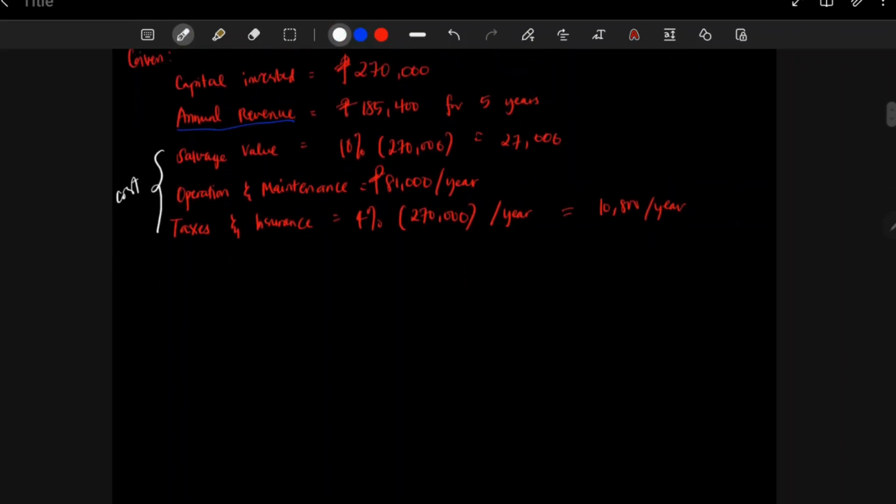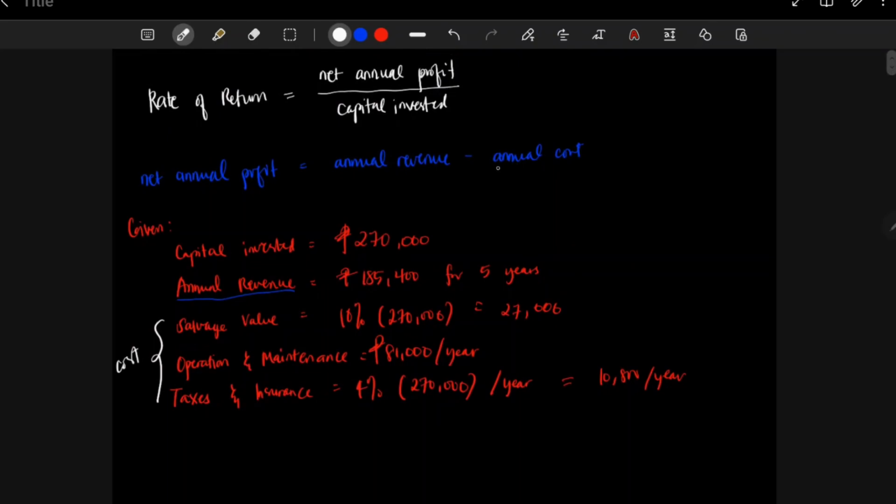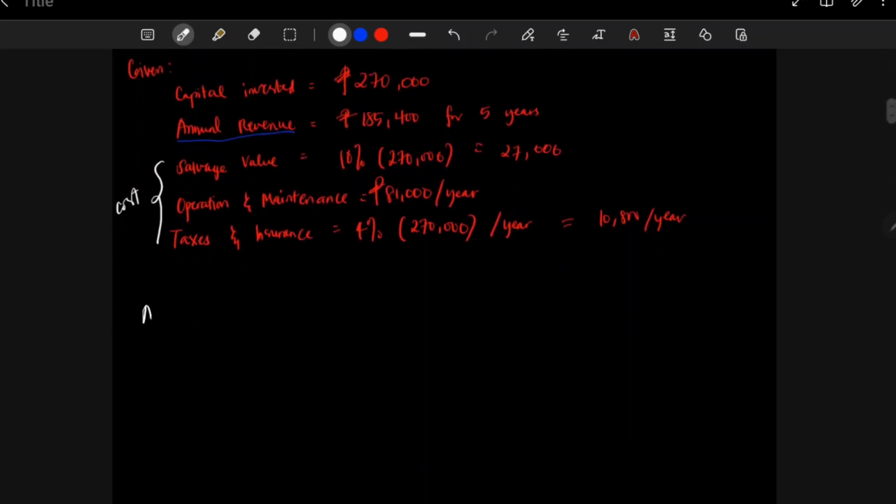Usually, depreciation is included in the annual costs. Since we have the annual revenue, let's get the annual cost. The annual cost would consist of depreciation.